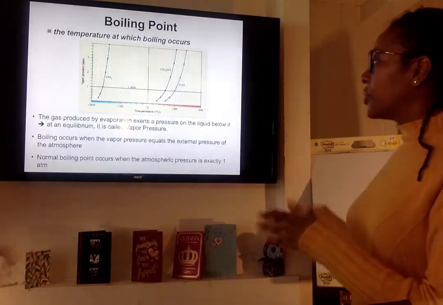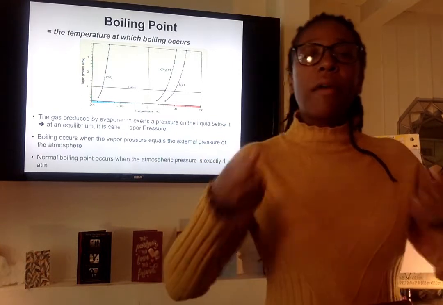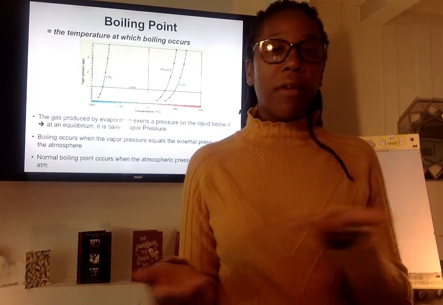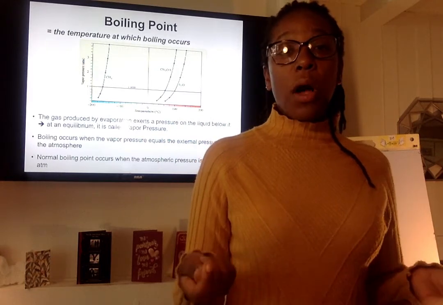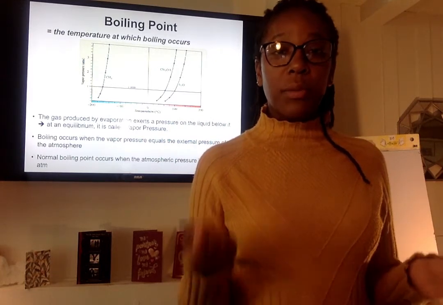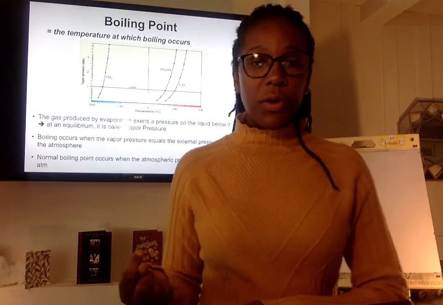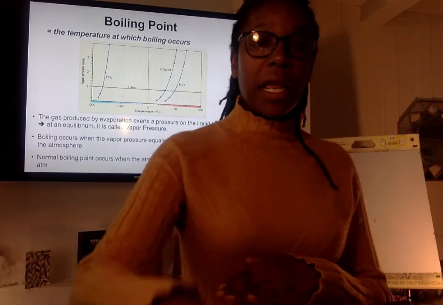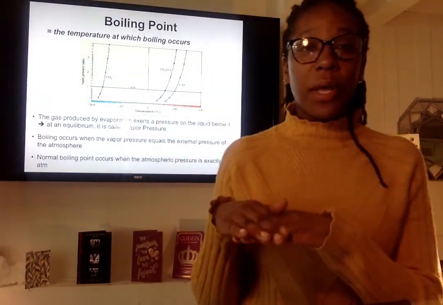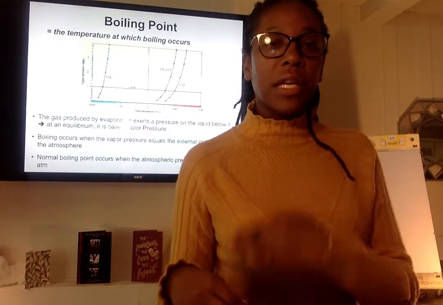So the same would be true when you're, for instance, boiling water. So when you have your pot of water, you don't have a top. You just have your water, you're turning on the heat, right? And that water begins to boil. Basically, what is happening is that you're increasing the temperature to create this phase change, right? And so the boiling point, the actual physical boiling that you see, is from the external pressure.